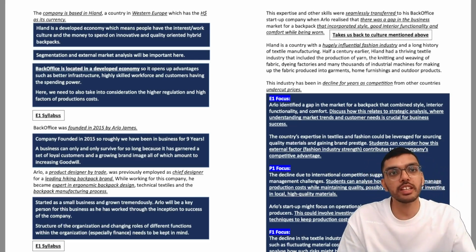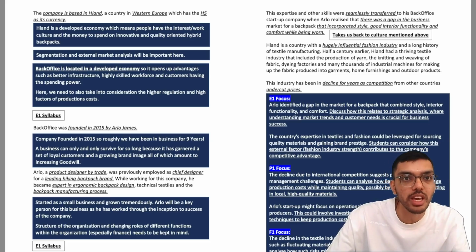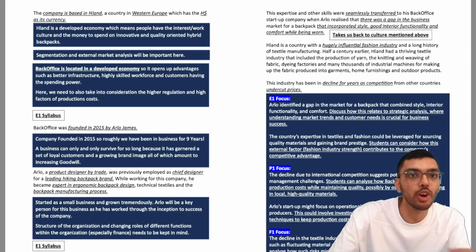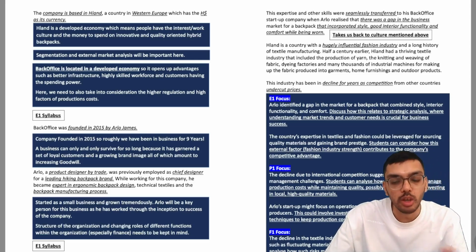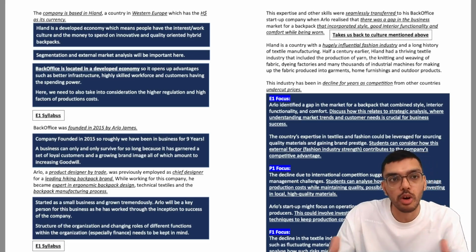So this is a developed economy, which means people have the interest and money to spend on innovative, quality oriented hybrid backpacks. It's something which people will want to invest on.